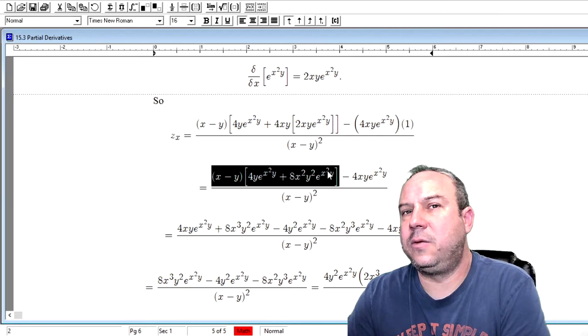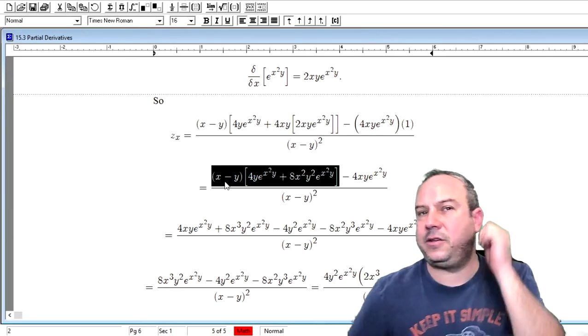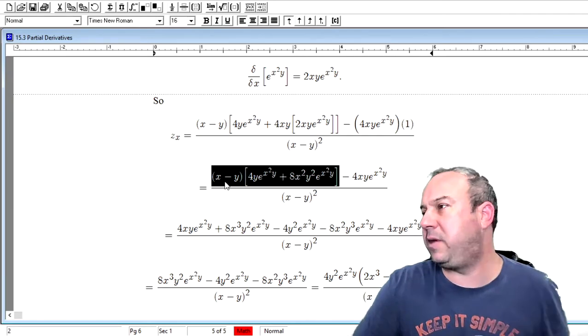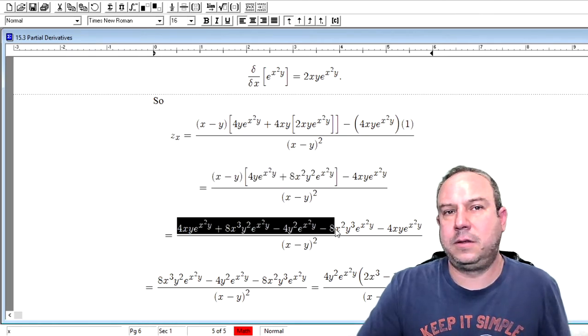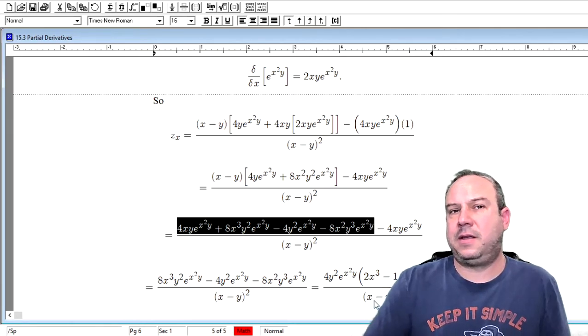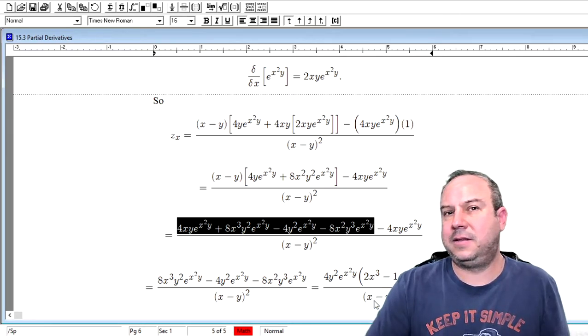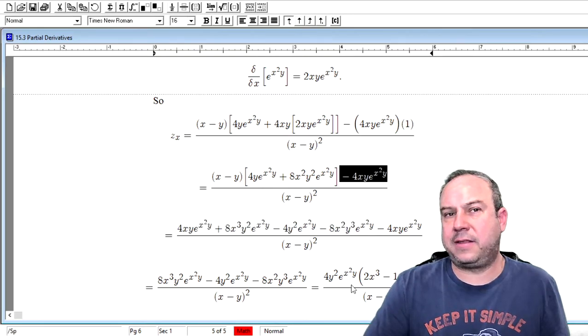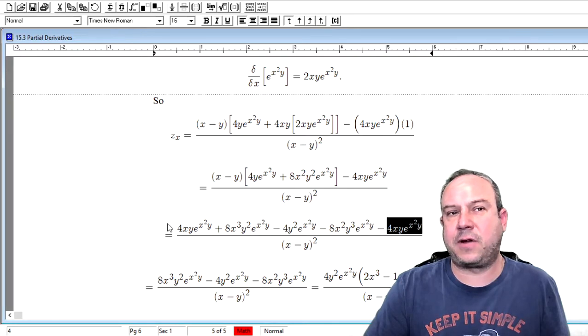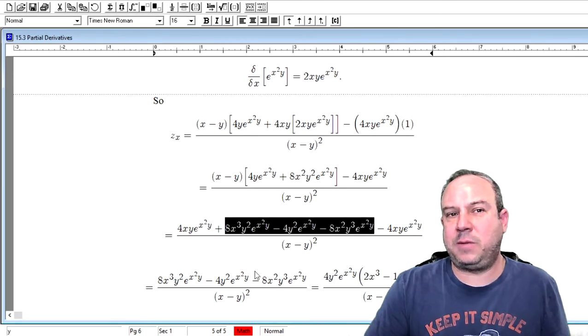We then will combine these two, take the product of these using a little, what? A minus b, a plus b form. That will result in that result. Where if we subtract this, notice we do have some like terms there. 4xy e to the x squared y is subtracted from 4xy e to the x squared y. So we're really left with just these three middle terms.